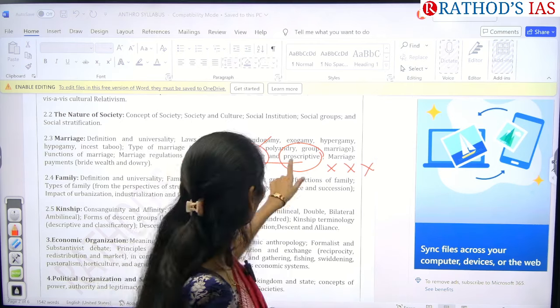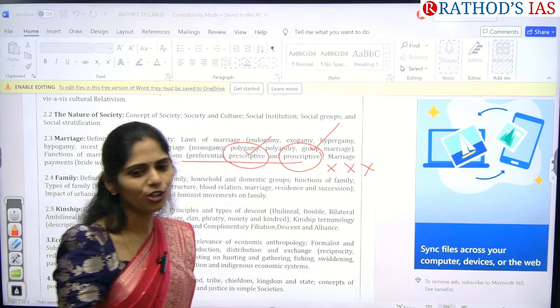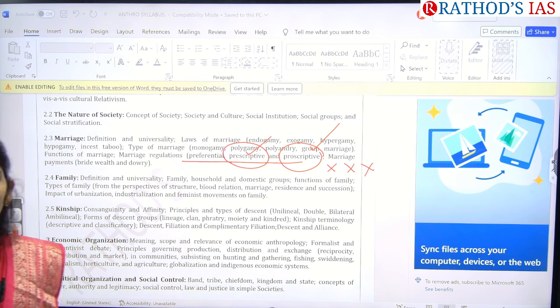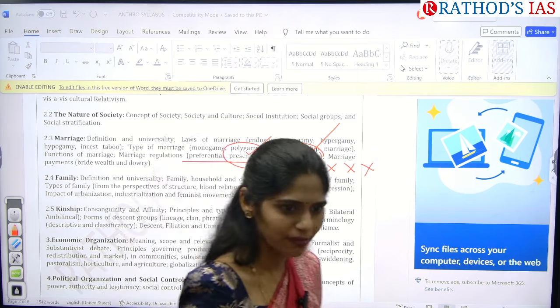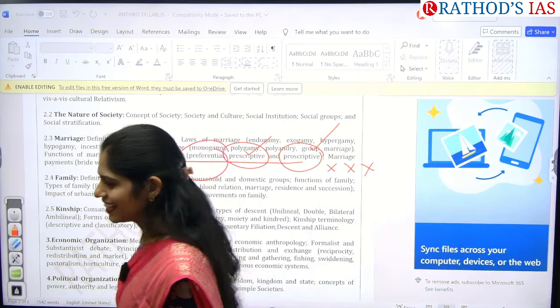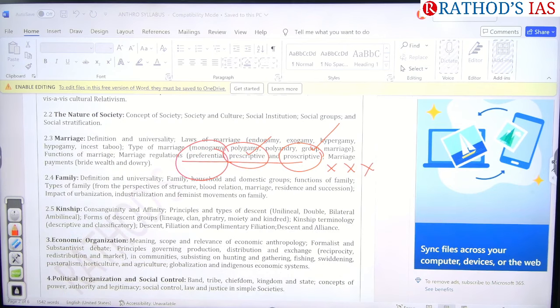No. Those kinds of regulations are called proscriptive marriages, where your parents will strictly say no. And preferential is if you take someone and say, Mama, I love this person. Sometimes they may accept or not. That comes under preferential.